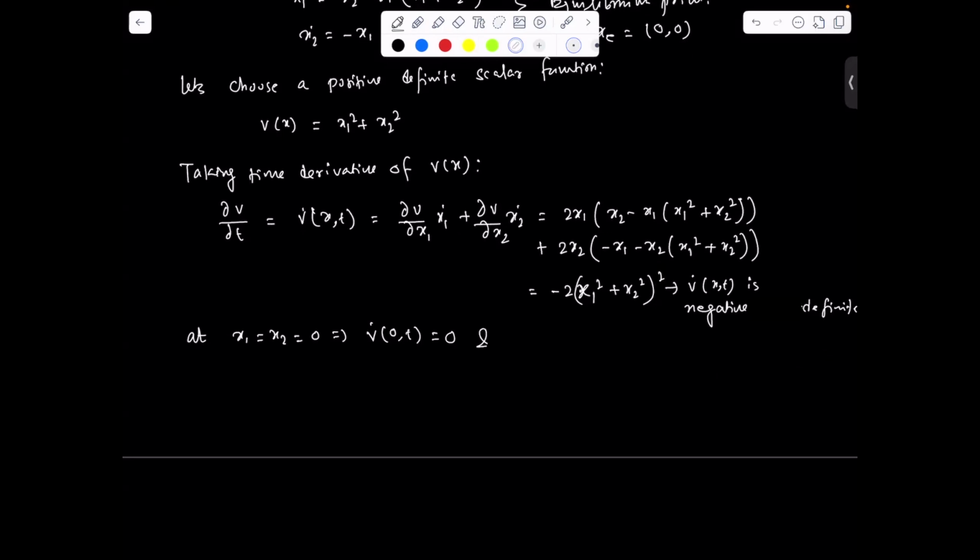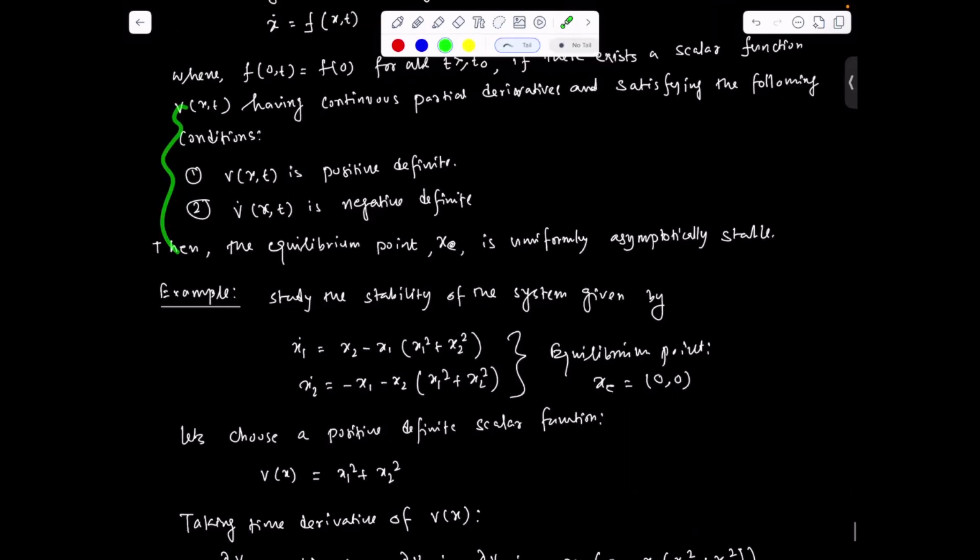So at the equilibrium point 0, 0, it is 0, and at all other points, it is negative. So the stability theorem is satisfied for this particular example.